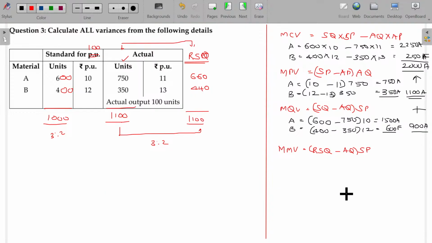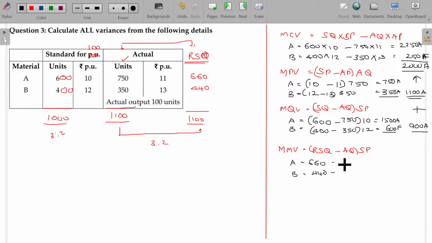Ditto like material quantity variance, but here instead of SQ, I am taking the RSQ, where RSQ is nothing but, as per the standard mix, what could be the proportion of A and B mixed in the actual input we have made. Actual input we have made is 1100. In that standard mix, 6 is to 4 or 3 is to 2 ratio means 660 should be A and 440 should be B. Now calculate for A and B. A, RSQ 660, for B 440.